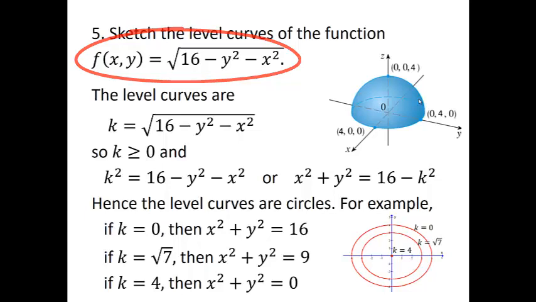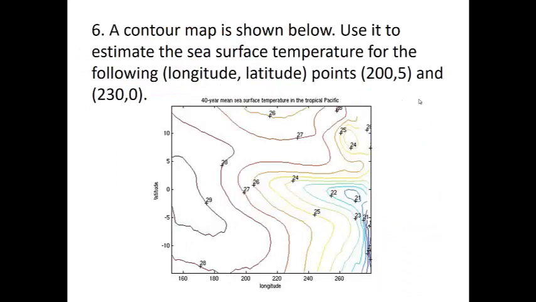Here's an example where we have a contour map shown of a real life situation. We're going to use it to estimate the sea surface temperature for the following longitude, latitude points, starting with the point (205, 5).